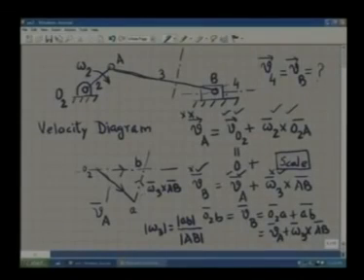According to this diagram, the difference of the velocity of the point B and A is in the upward direction, which means the angular velocity omega 3 must be counterclockwise. So we have determined both the direction and the magnitude of the angular velocity of link 3, that is the connecting rod.